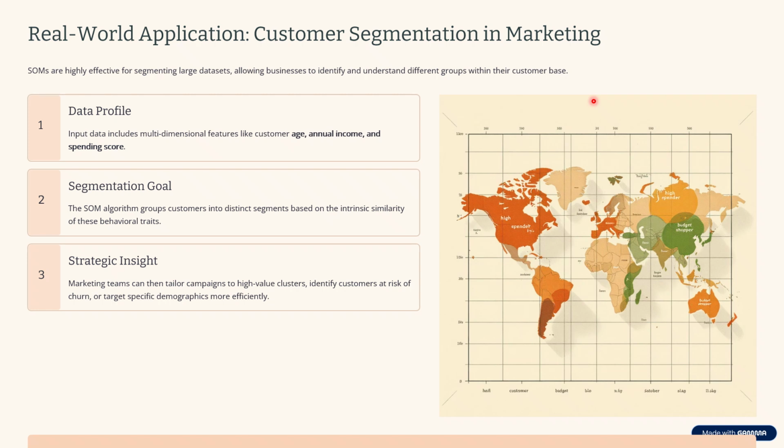For instance, one region might represent high income, high spending customers, while another might represent budget conscious buyers. Marketers can then use these insights to design personalized campaigns, identify loyal or at risk customers, and make data-driven decisions. In this way, SOM simplifies complex customer behaviors into clear visual patterns that business teams can easily understand and apply to their businesses.